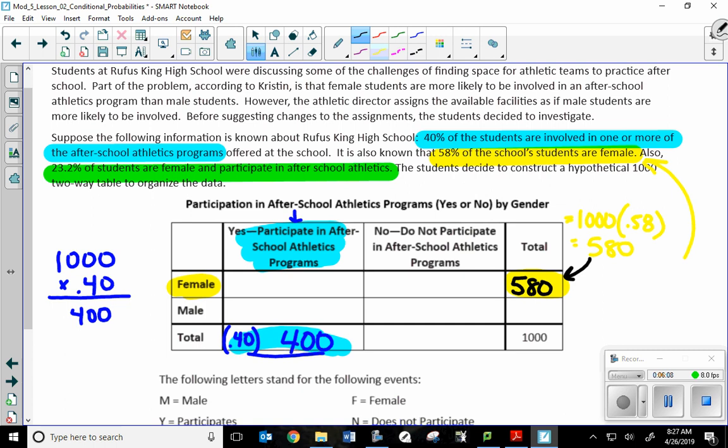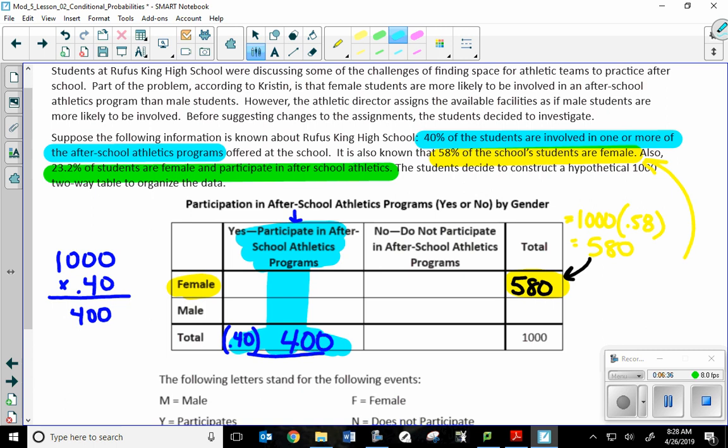And last, but certainly not least in any way, shape, or form, 23.2% of students are both female and participate in after-school programs, okay? And this is great. This has just happened to be lucky, the way I picked these highlighters. If these are after-school sports, I participate in them right here, this column.